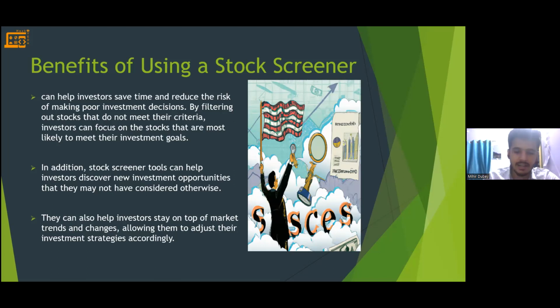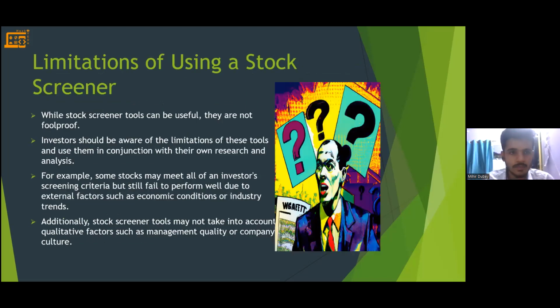We can set some criteria, and in addition, stock screener tools can help investors discover new investment opportunities that they may not have considered. They can also help investors stay on top of market trends and changes, allowing them to adjust their investment strategies according to their needs, their company's needs, business, and their debts also.